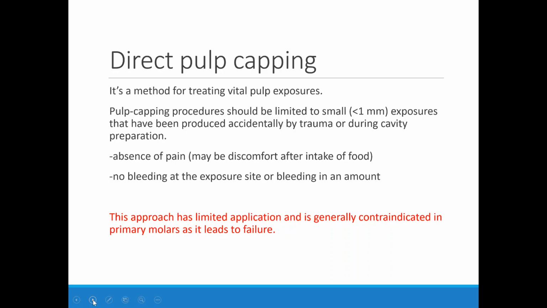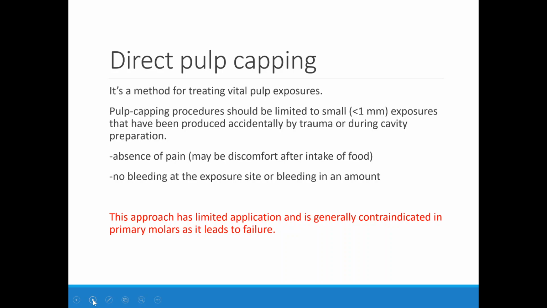The next conservative method is direct pulp capping. It's a method for treating vital pulp exposure. The pulp capping procedure should be limited to small exposures, less than 1 millimeter, that have been produced accidentally by trauma, for example, the patient falls down and we have trauma of the crown, or during cavity preparation.